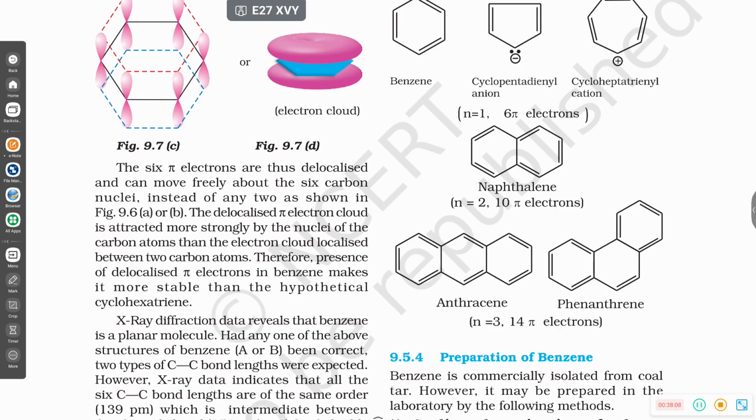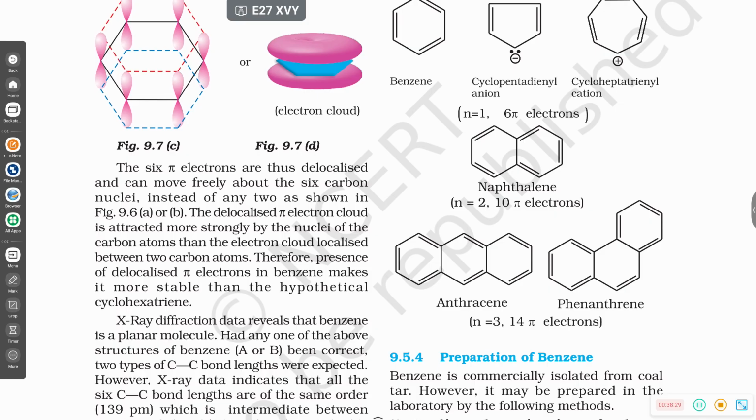Why are they giving cyclohexatriene here? If I want to give a name for benzene, what will it be, sir? Cyclohexane, sir, with alternating double bonds, so 1,3,5-triene. Cyclohexa-1,3,5-triene. Can I tell like that?